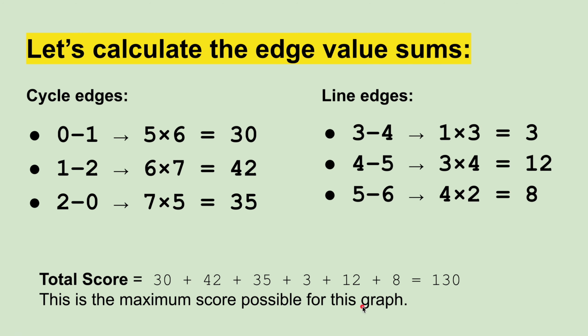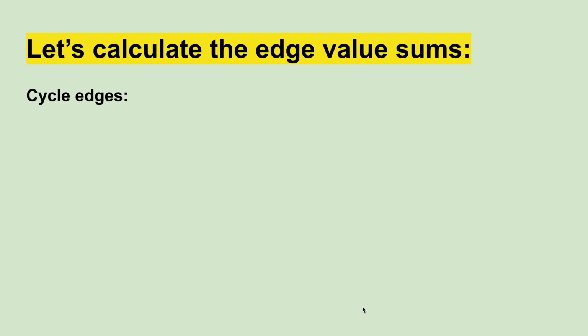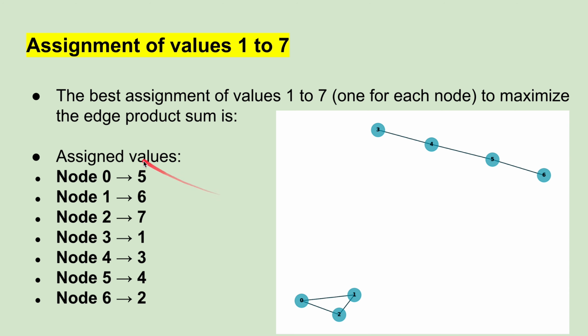So the value assignment we gave earlier is the best permutation of values from 1 to 7 to achieve the optimal assignment that maximizes the score.